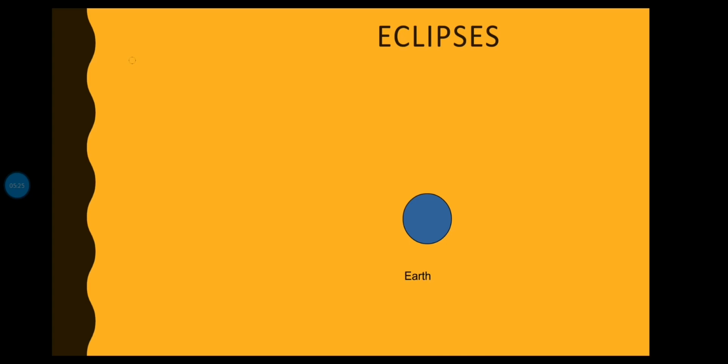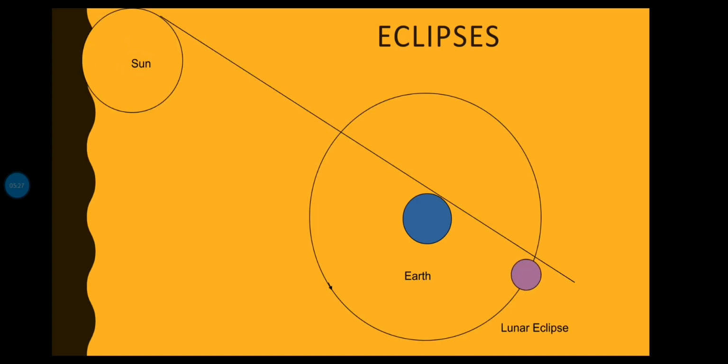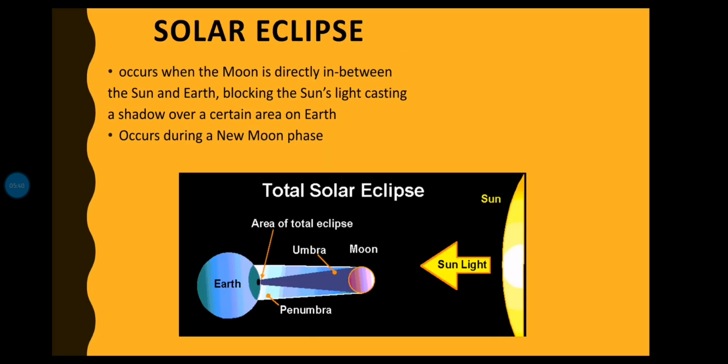So, this is the earth, this is the sun. In this case, the earth is covering the moon, so this is why you will have a lunar eclipse. Okay, so solar eclipse. It occurs when the moon is directly in between the sun and the earth.